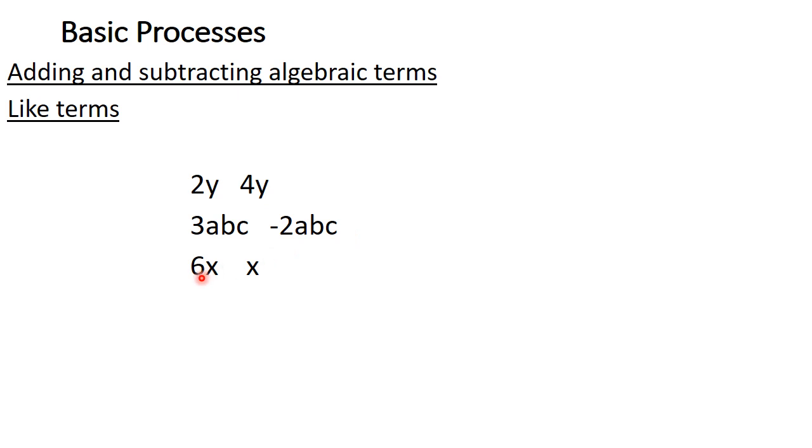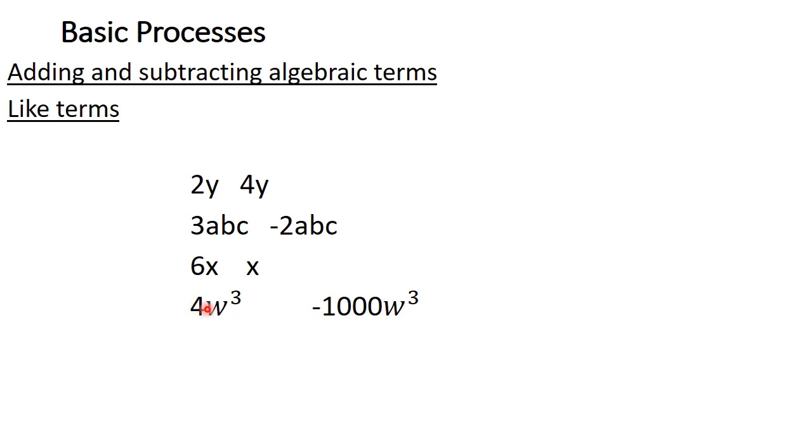We also have 6x and x. What's the variable here? x. And what's the variable here? It's also x. The coefficient, of course, is the invisible 1. So these are like terms because the variables are the same. The same applies to 4w^3 minus 1000w^3.